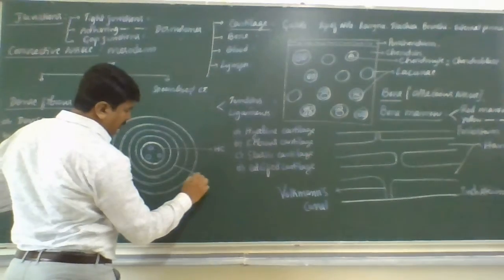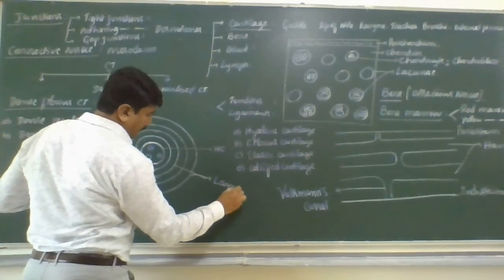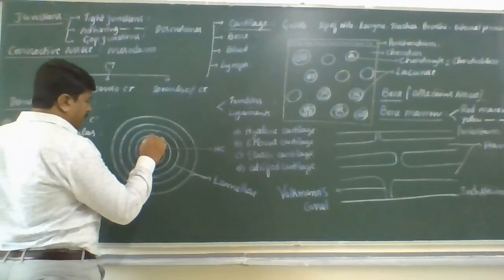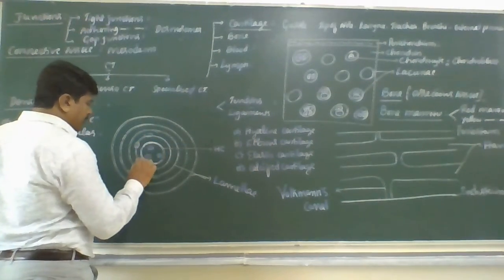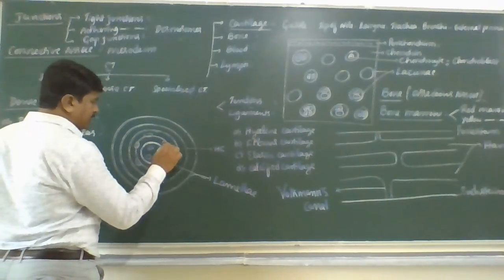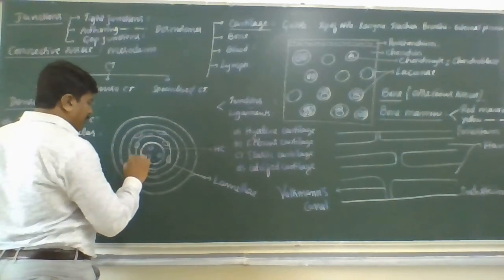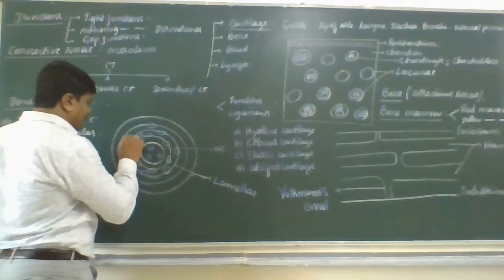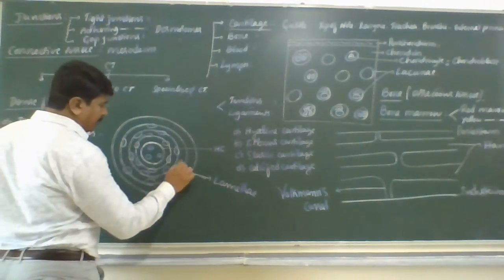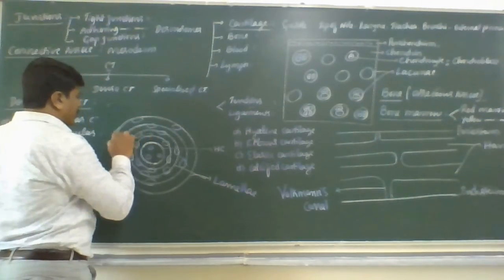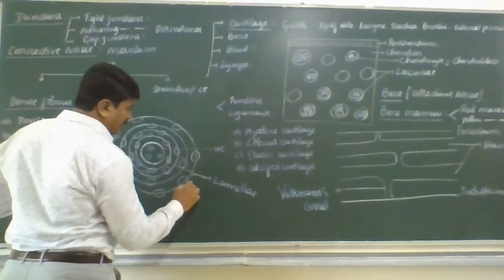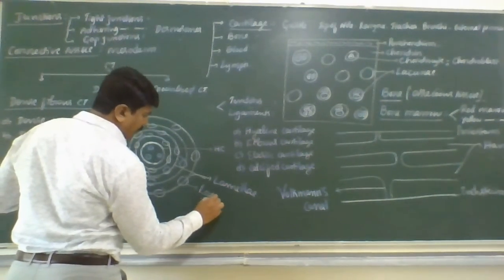These are called lamellae. Irregularly distributed spaces present in the lamellae are called lacunae.